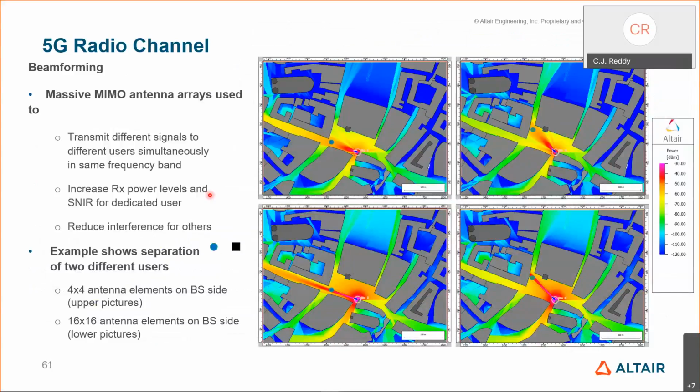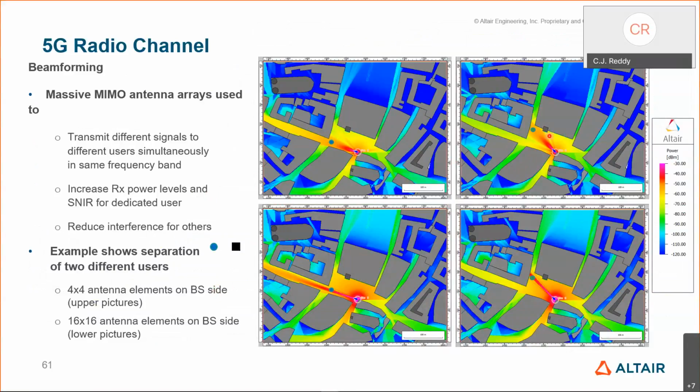And then one more thing to see is the effect of the beam width. For example, here on the top, what we're showing is that there are 4x4 antennas on the base station, and you can see that when these two users are a little bit far away, there's a good amount of connection to this user and isolation from the other user.